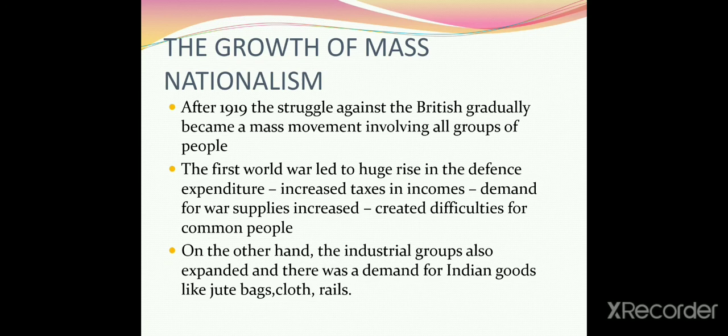But on the other hand, business groups reaped fabulous profits from the war. The war created a demand for industrial goods such as jute bags, cloth, and rails, and caused a decline of imports from other countries into India.